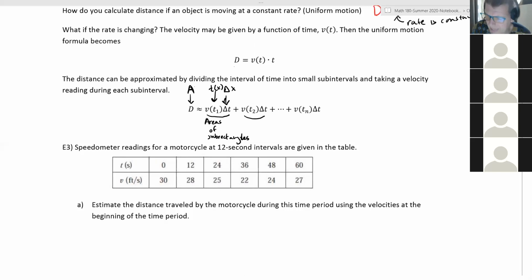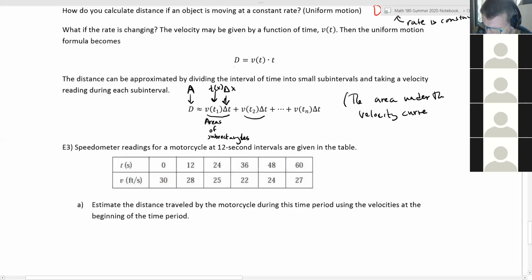So if we want to put that in as a little side note, the area under the velocity curve equals the position, or distance traveled. Actually, it shouldn't be position. We say it's the distance traveled.